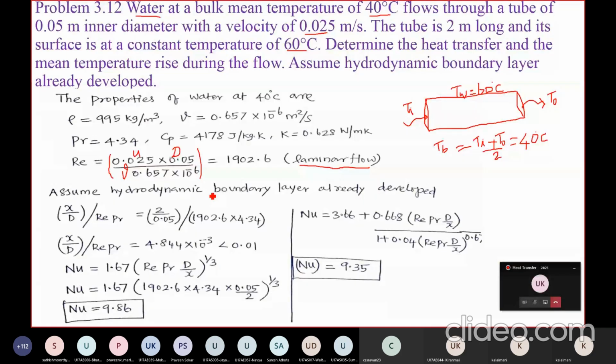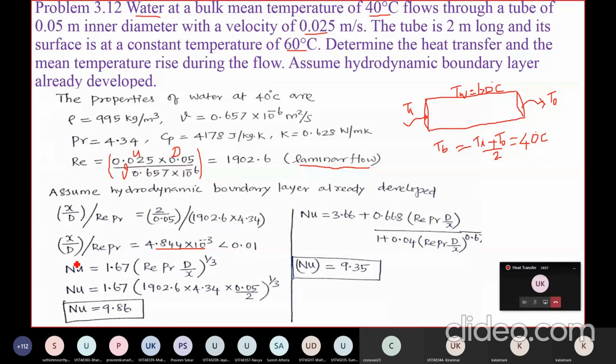So here I used both relations, but it's very simple. Here we assume the hydrodynamic boundary layer is already developed. Therefore, find the ratio x by d Reynolds number and Prandtl number. Here x, the tube length, is 2 meter long. Therefore, 2 divided by diameter 0.05, divided by Reynolds number at diameter 1902.6 into Prandtl number 4.34. We find this ratio is less than 0.01.